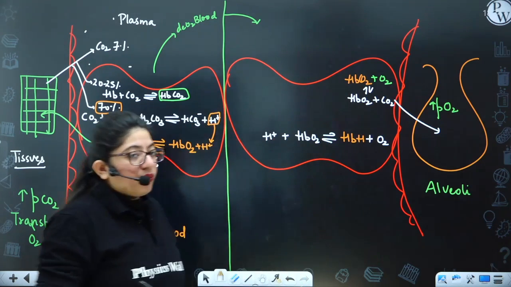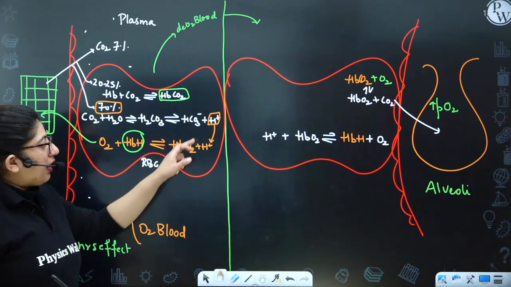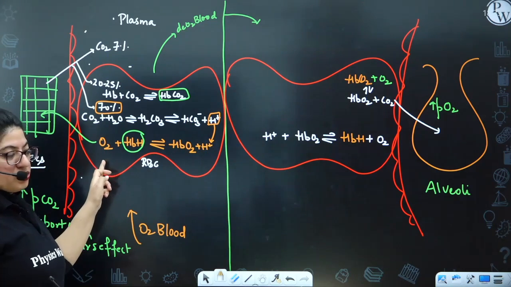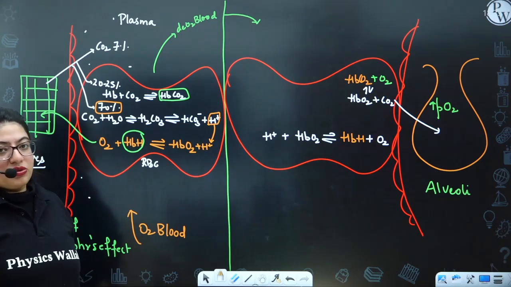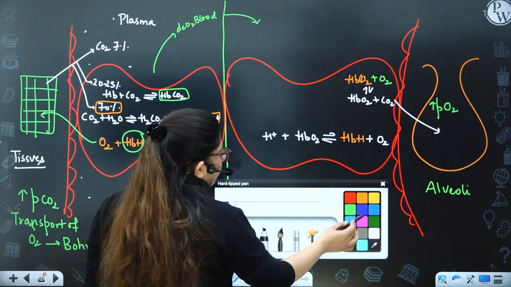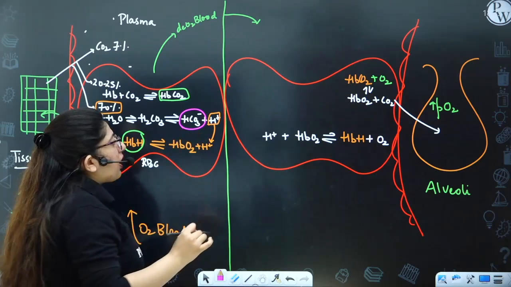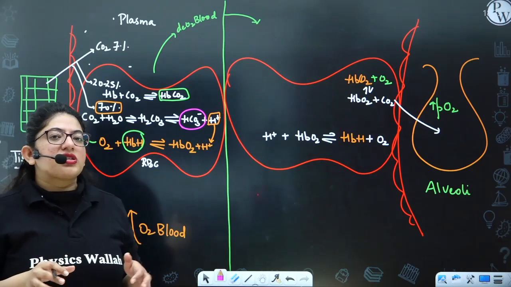Fine. Now, in this, if you have seen, the H positive ion will bind to HbO2 and lead to the transport of oxygen. Now, what about this HCO3? This HCO3 contains the charge. So you just can't keep this charge inside the RBC.